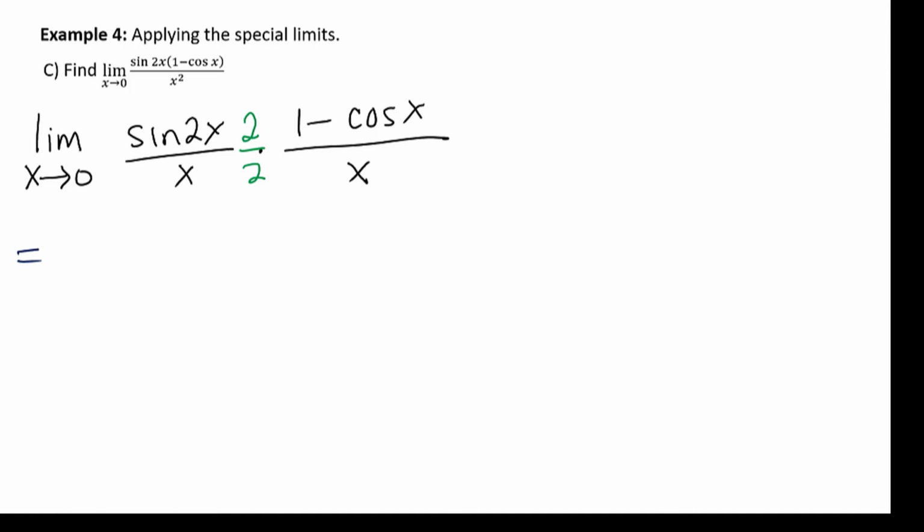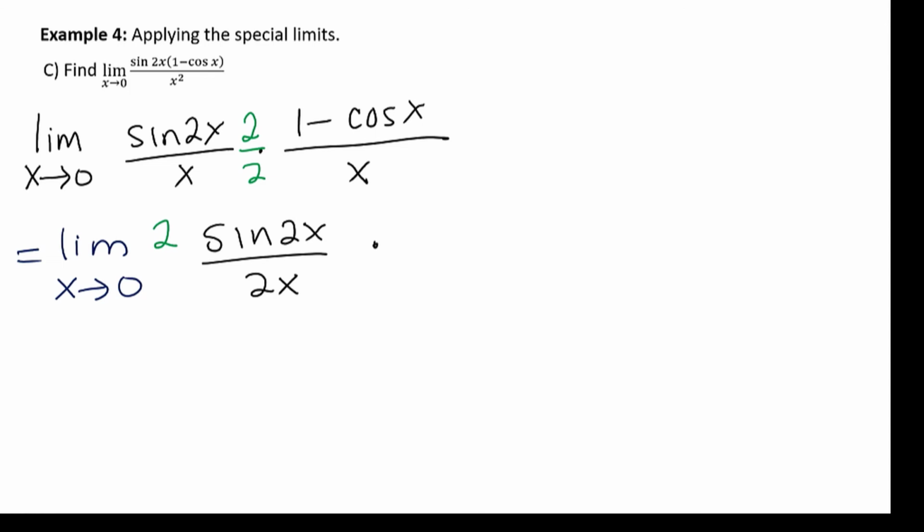This will give me the limit as x approaches 0 of 2 times the sine of 2x divided by 2x times the limit as x approaches 0 of 1 minus cosine x divided by x.